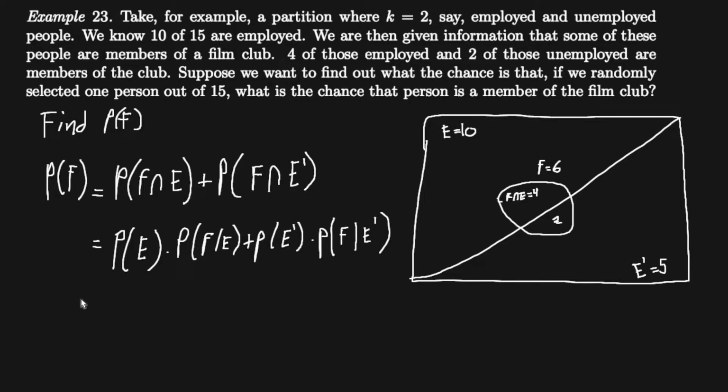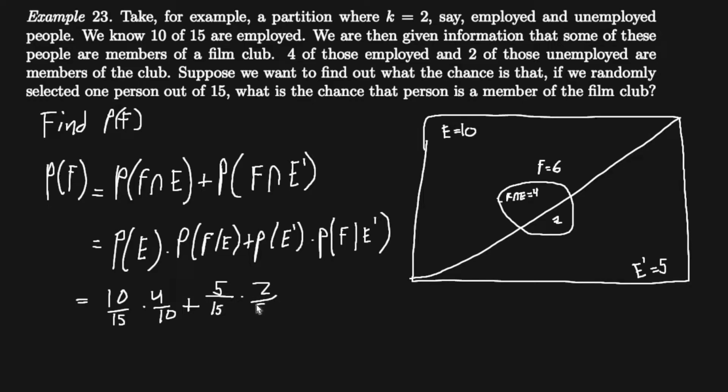So based off this diagram, we can fill out the rest of our equation. The probability of E is 10 over 15 times the probability of F given E, which is 4 over 10, plus 5 over 15 times 2 over 5.